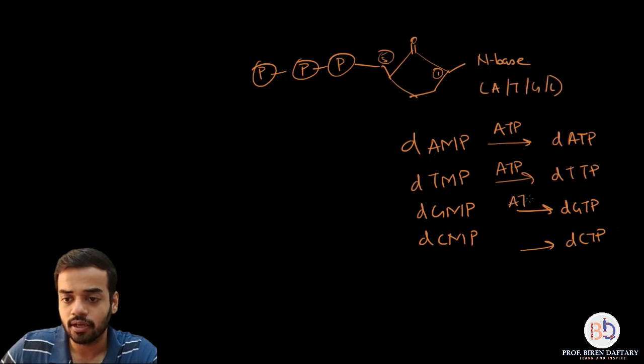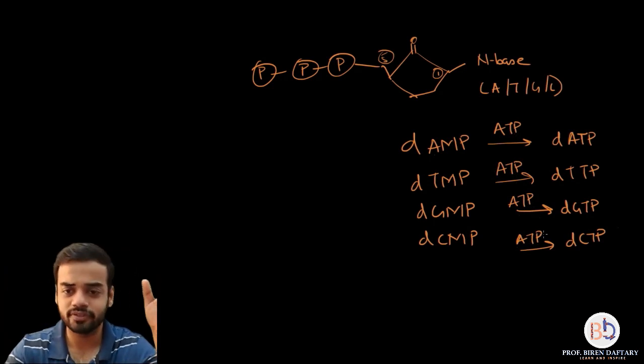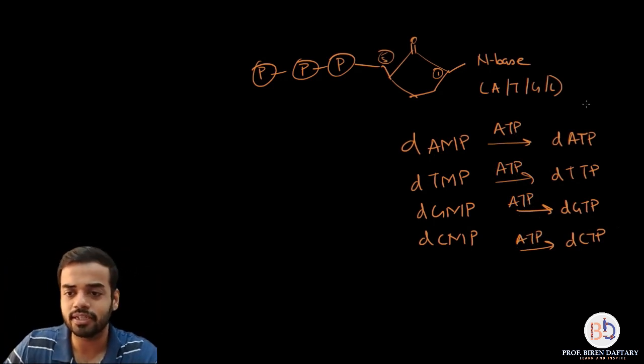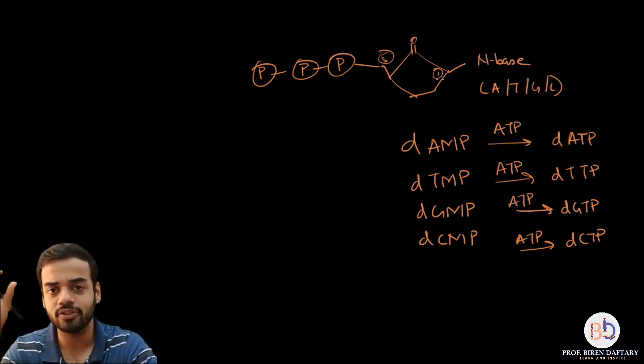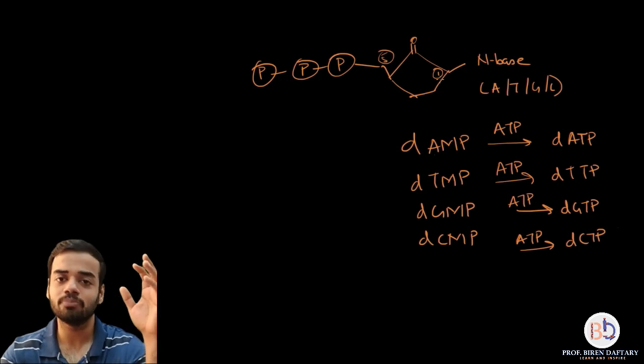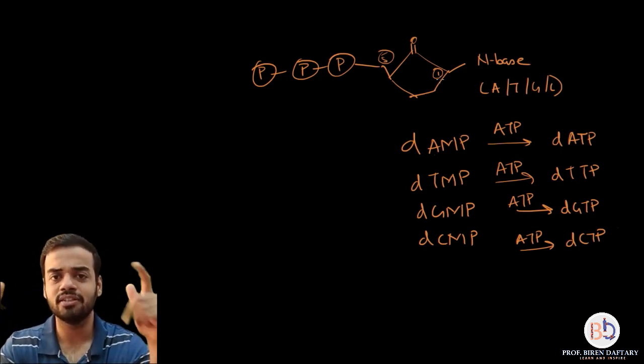use, and the ATP splits into AMP, and the two phosphates which are released are added to each of these, and you get this. So this step in your book is given as activation of nucleotide. So this is given before the replication process. I am teaching it to you now. Anyway, this is very simple.